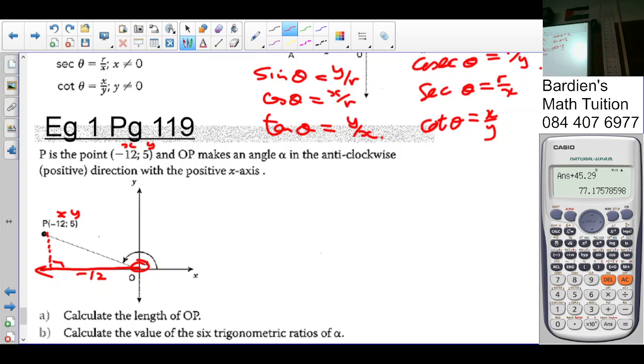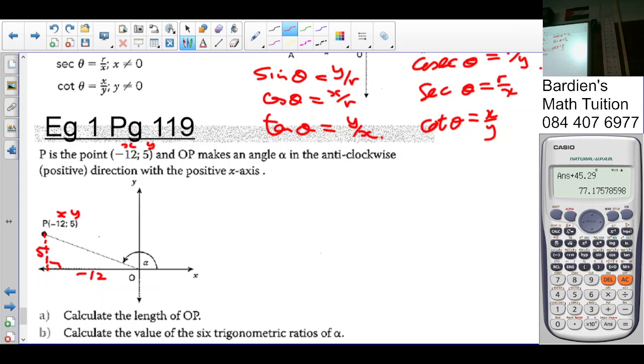Okay? You all okay with that? Then where must the 5 go? Where must the 5 then go? The dotted line is the 5. Why? Because this is your y. So that's going to be 5.